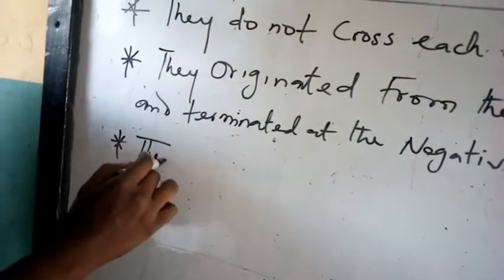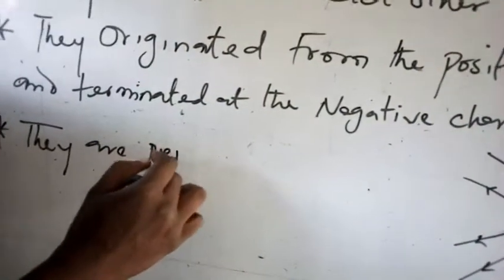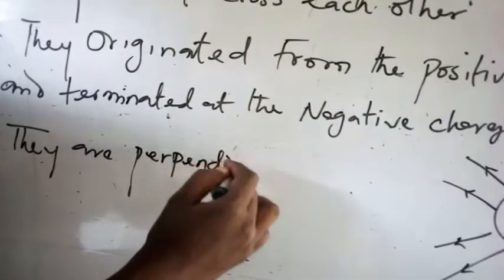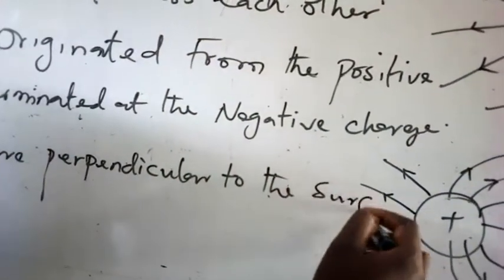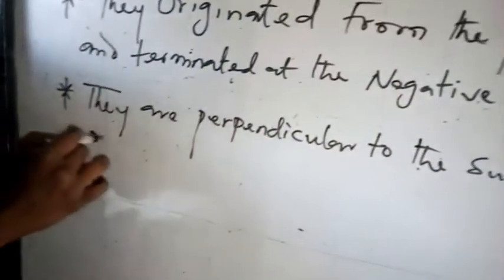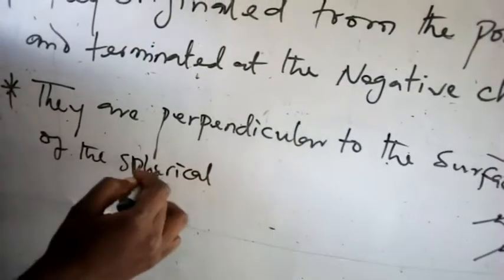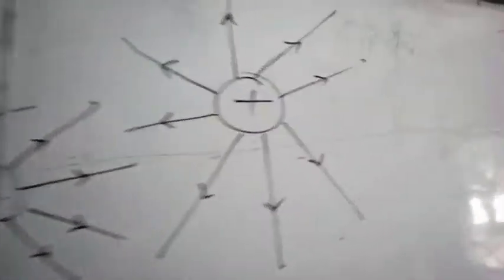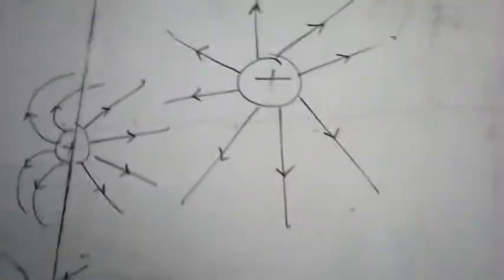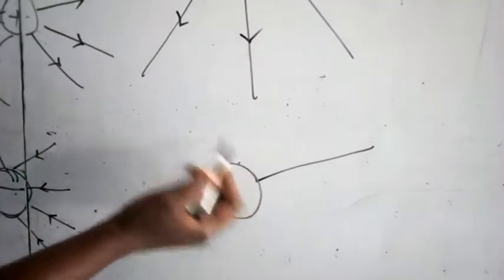They are perpendicular to the surface of the spherical charge. As you can see here, this is the surface of the spherical charge. A charge is like this. They are perpendicular to the surface.